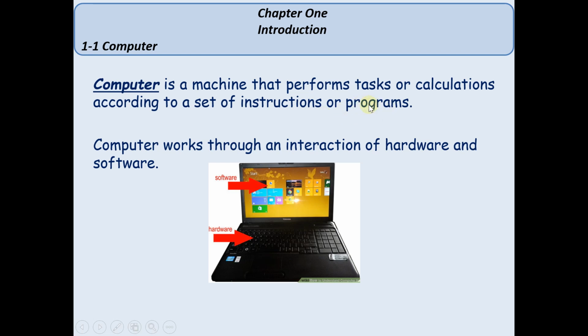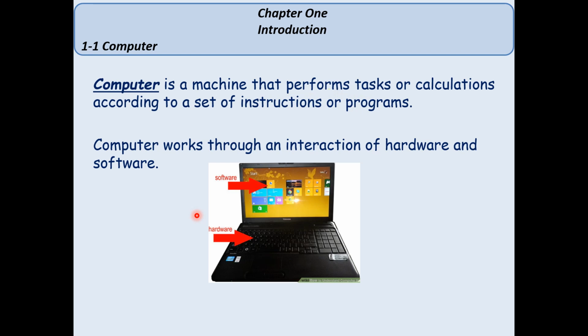We may have heard the term program before, and any program is composed of some instructions, millions of instructions, more than millions, or less than millions. But the clue is that computers are created in order to execute the instructions inside the program.